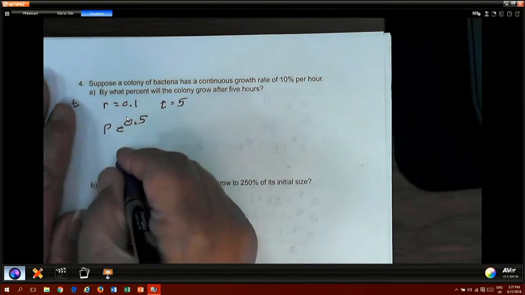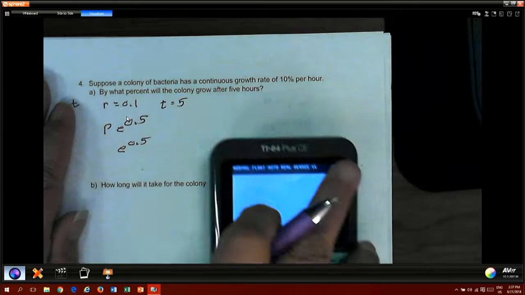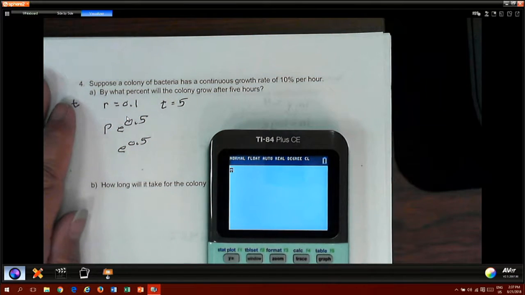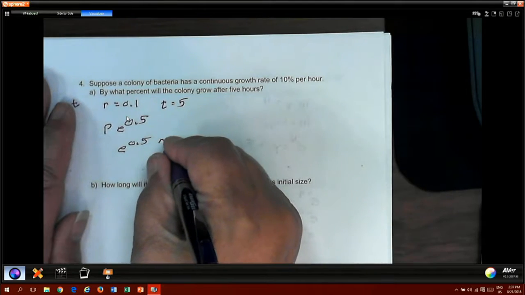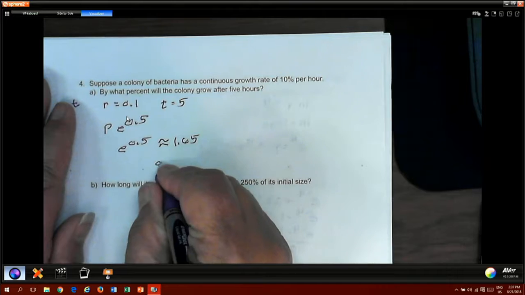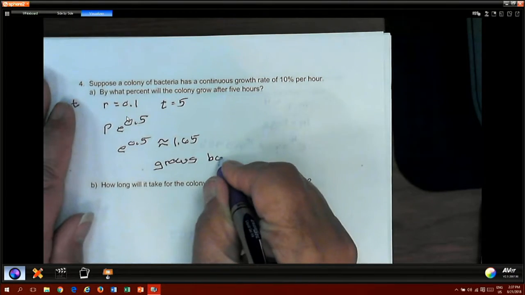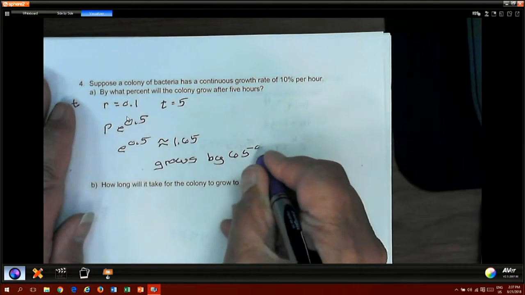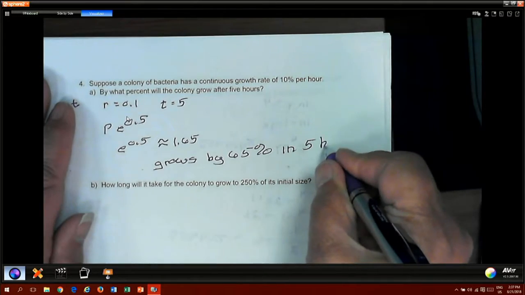So we can ignore the P, and e to the 0.5 is 1.65 approximately. So it grows by 65% in 5 hours.